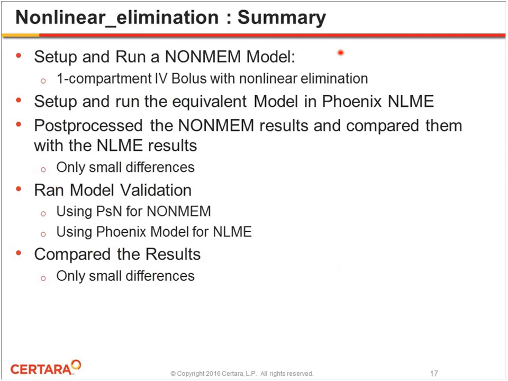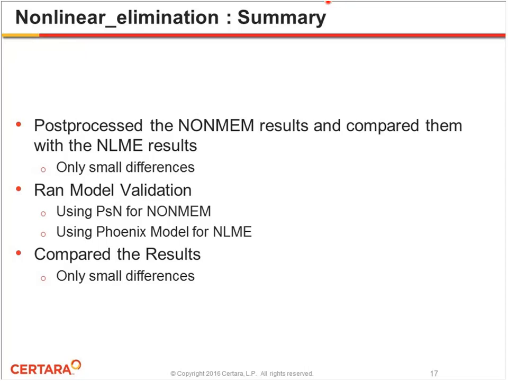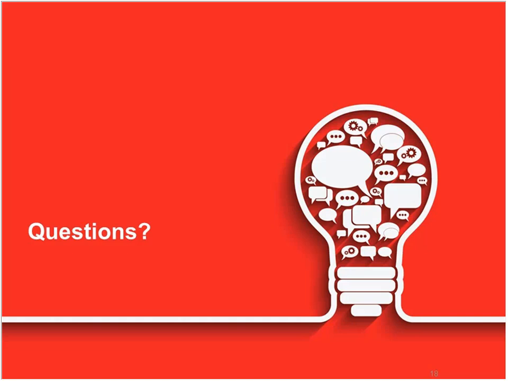Then we ran the model validation. For NONMEM, we have been using the PSN software, and for Phoenix, the actual Phoenix model object, and compared the results there as well, and only found small differences. I guess with that, I'm at the end, and we can move to Q&A.